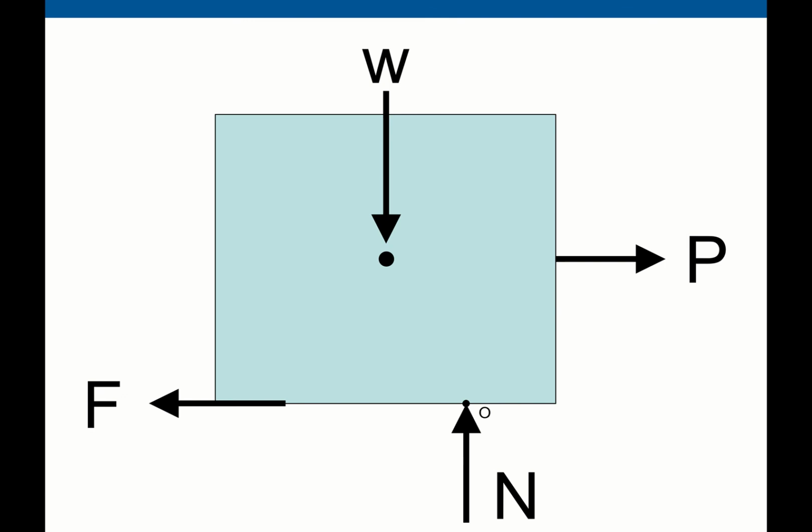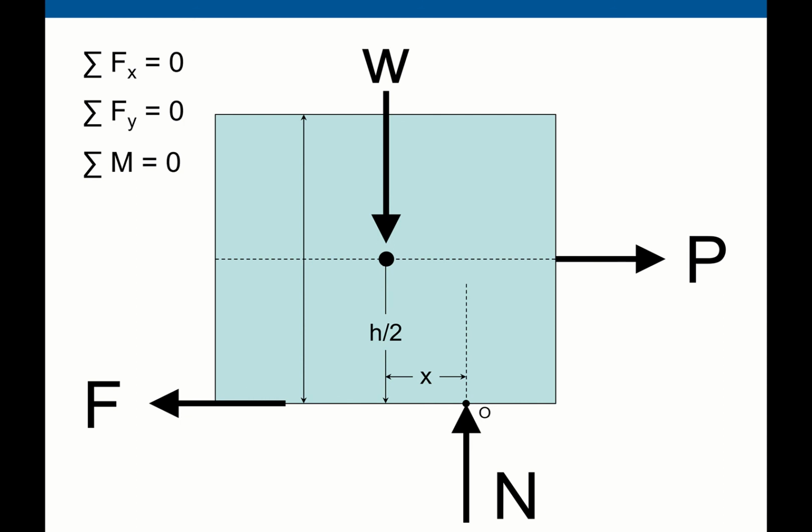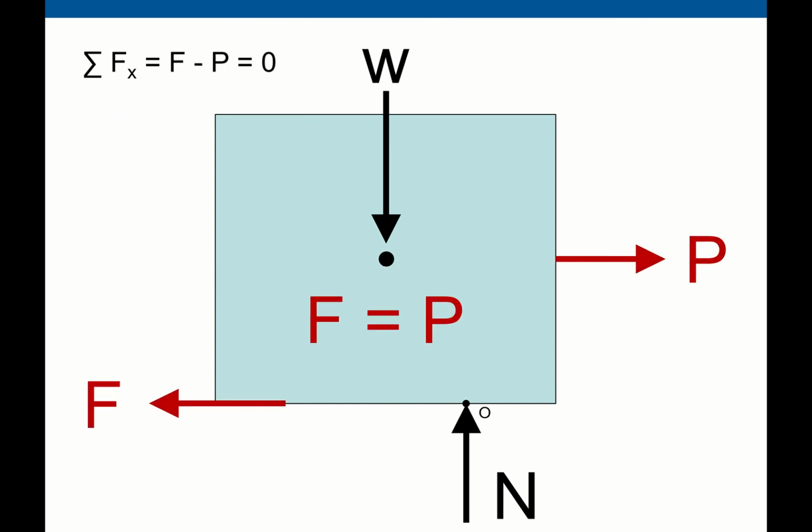Because this object is not moving, we are dealing with an object with no motion right now. It's not dynamics, it's statics. So we can apply these three equations: sigma Fx equals 0, sigma Fy equals 0, and the moment about any point should be equal to 0. So let's look at this.